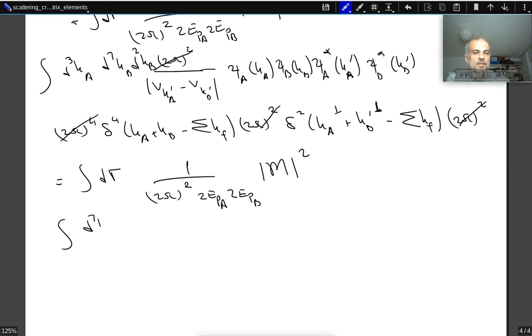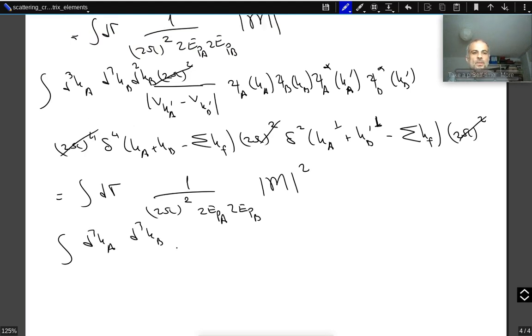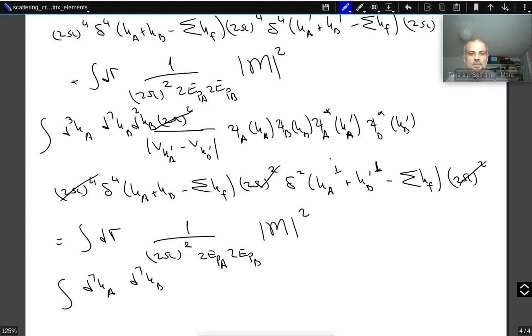We have d³ka, d³kb. Now if you would keep track of the momenta, you see ka already ka prime and ka prime perpendicular component of ka prime and ka, they should be equal. So this is actually ψa of ka squared.